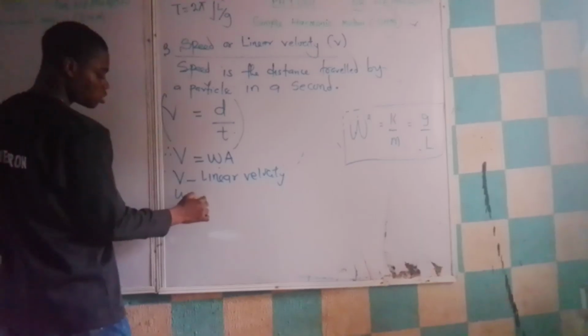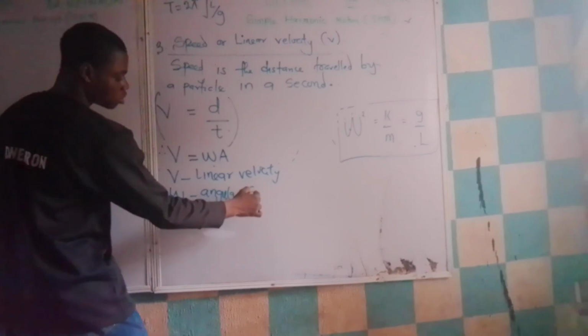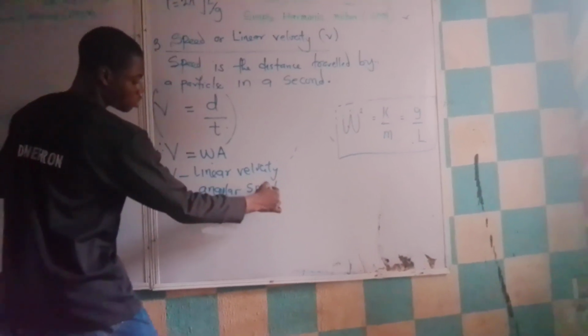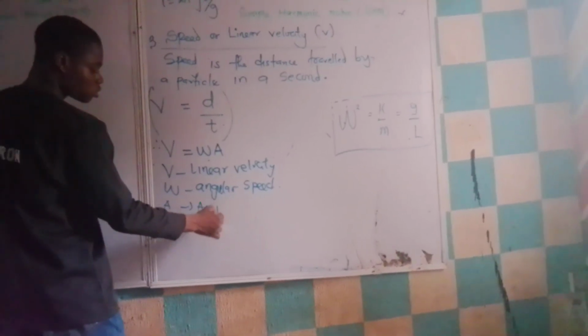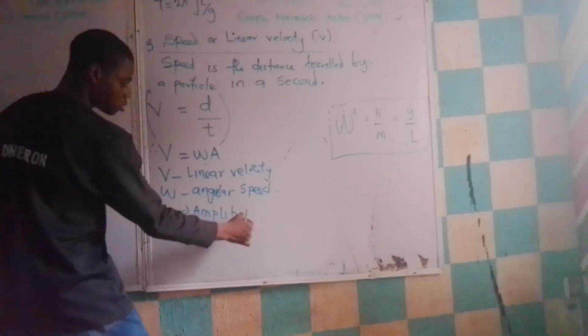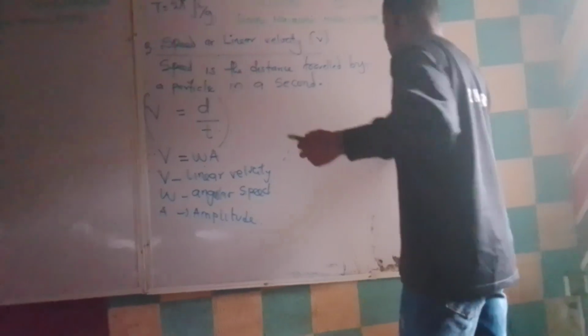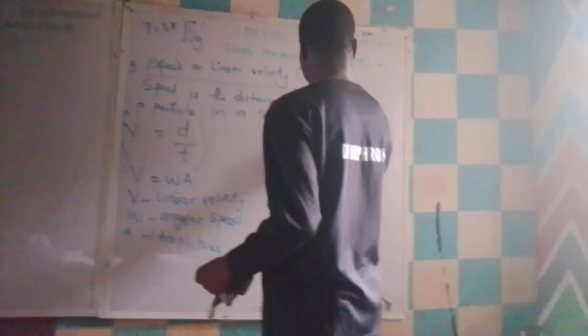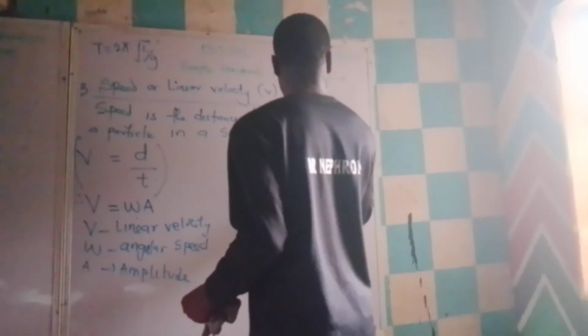My W is the angular speed and my A is the amplitude. But note, there are some conditions where the amplitude can equal the radius.